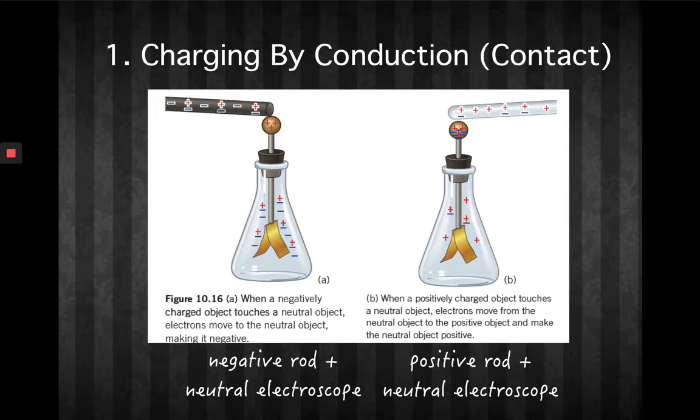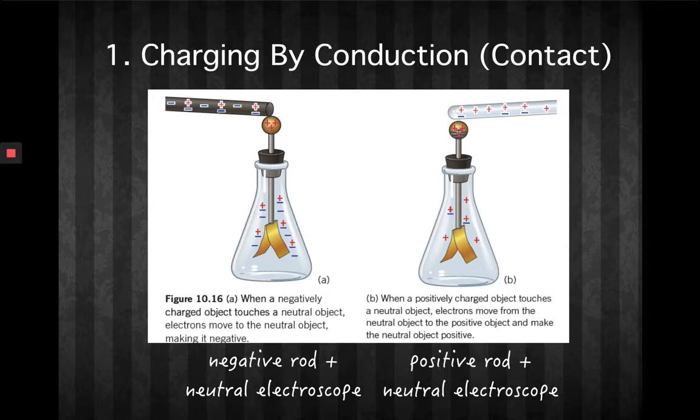And what happens is that those electrons move into the wings, and the wings are going to flare out. However, if we have a positively charged rod touch our electroscope, all of our electrons are going to move up and into that rod.